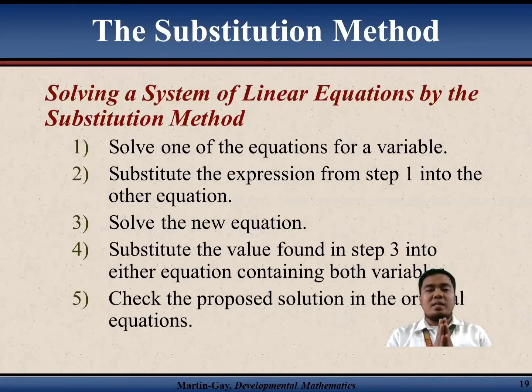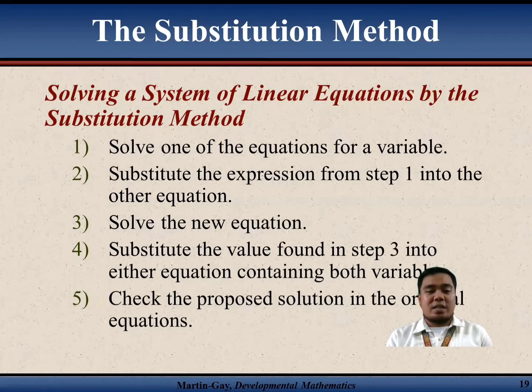So to make a generalization with the rules on how to solve systems of linear equations by the substitution method, first, you have to solve one of the equations for a variable. Then substitute the expression from step number 1 into the other equation. Then after that, you will solve the new equation.